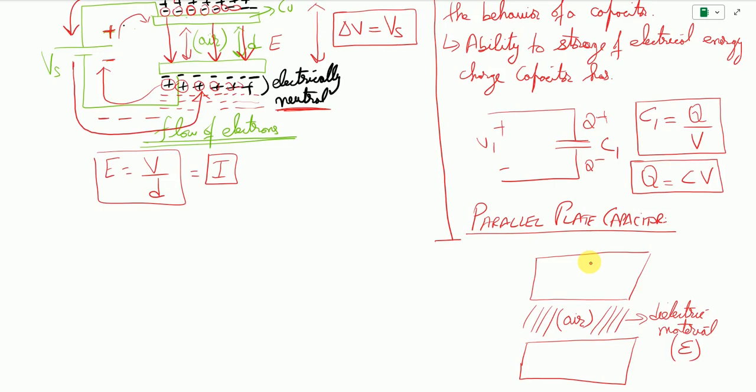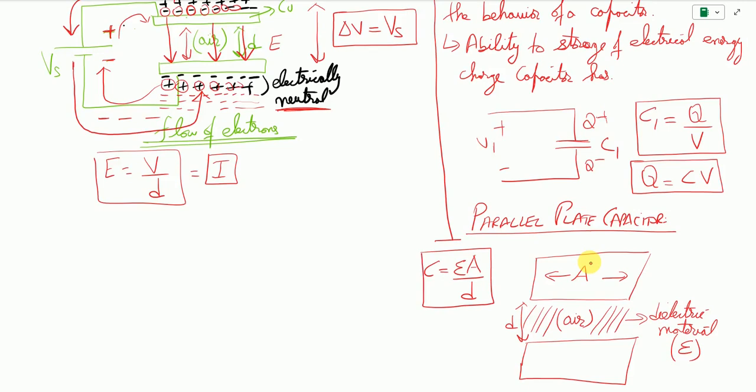It is going to have its property represented by the value of permittivity. So what does the parallel plate capacitor have? It has its area, which is this whole area, then the distance between these two plates, and the permittivity. In this scenario, we can see that capacitance depends upon the permittivity of the material, the area covered by the plate, and the distance between the plates.